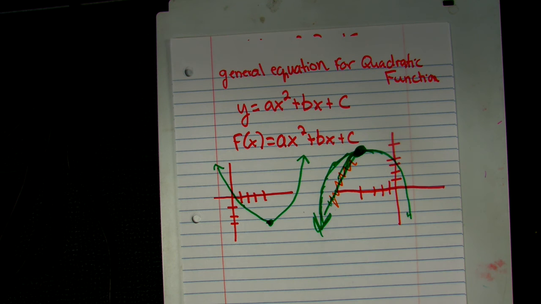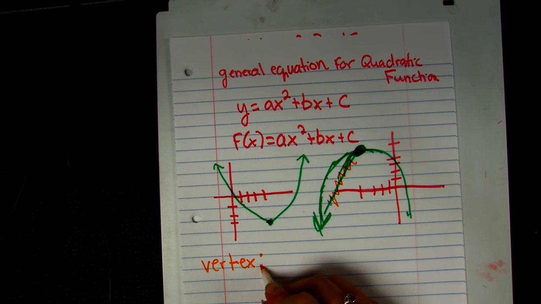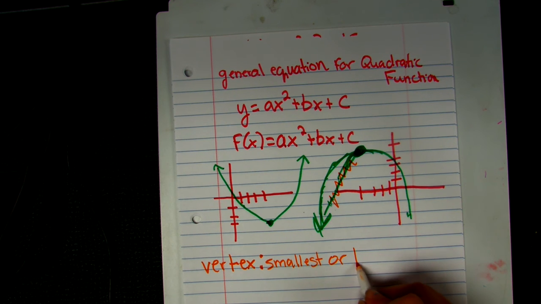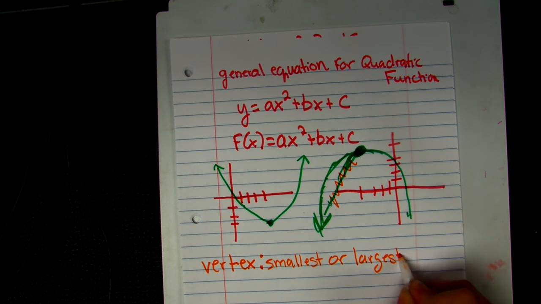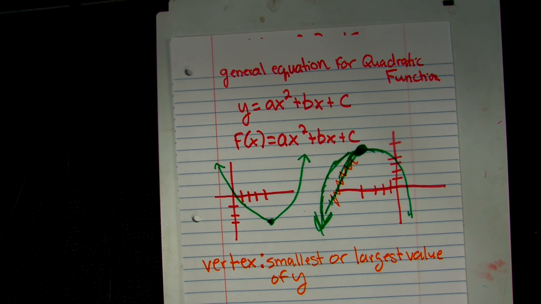So these lowest and highest points, we call those the vertex of a parabola. So the vertex of a parabola is going to be the smallest value or the largest value of y. Okay? Because it represents how far up and how far down it will go.